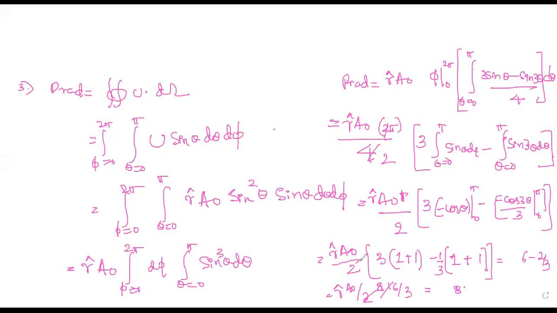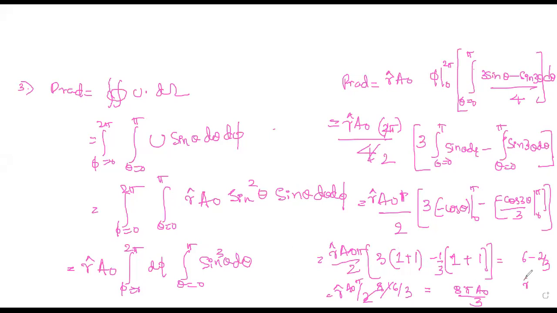I think I've missed pi somewhere. Take this pi. Somebody has answered. Check. So it is 8 pi a naught divided by 3.